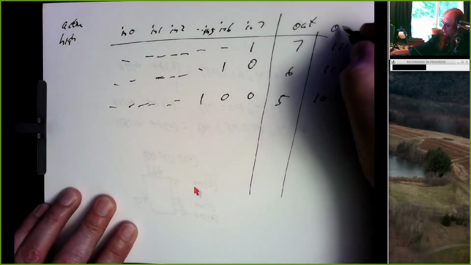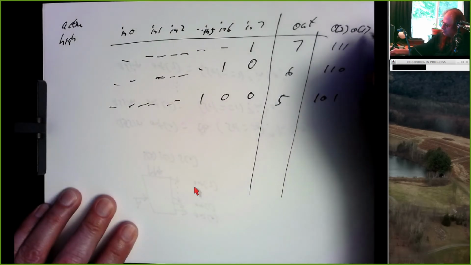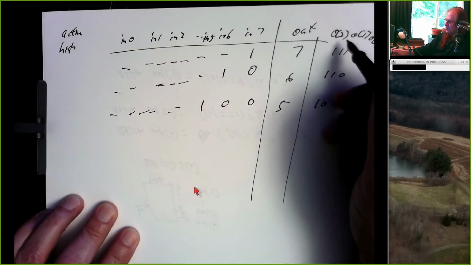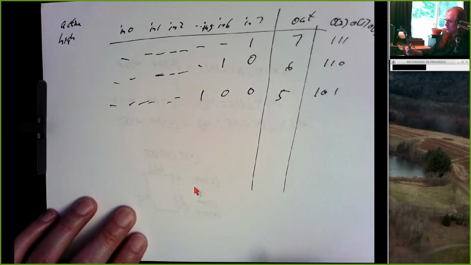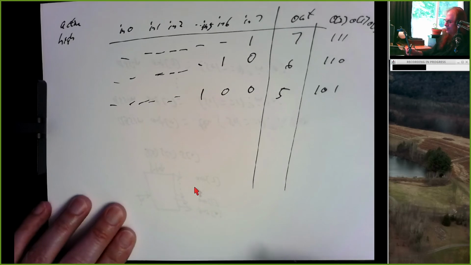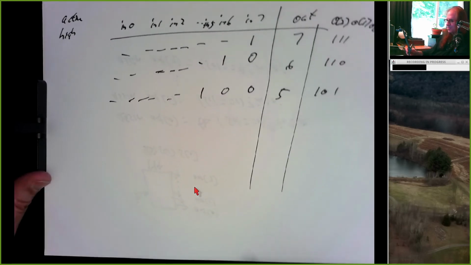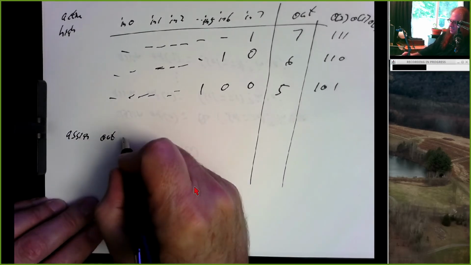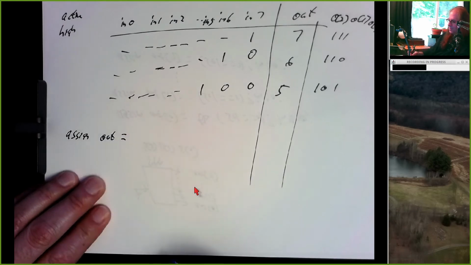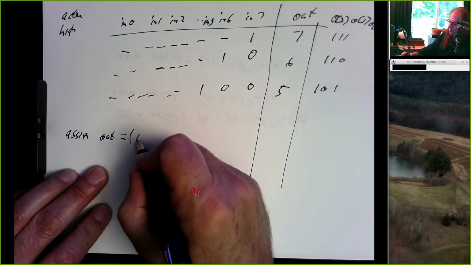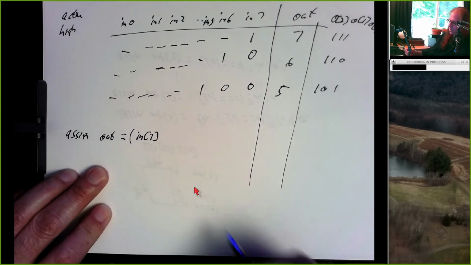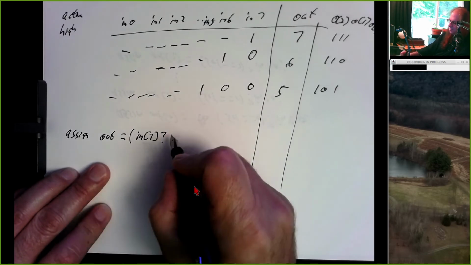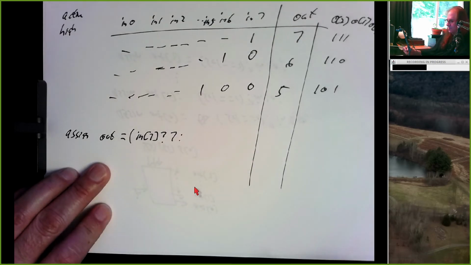And one way to do this is with a series of assign statements. So if we have some output 2, 1, 0, so a 3-bit output register, we could say something like, let's just say assign out equals, if input 7 is a 1, then let's set output equal to a 7.